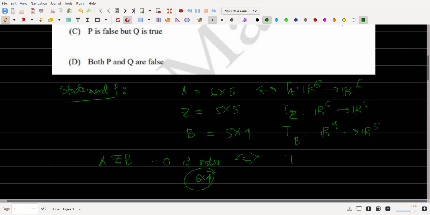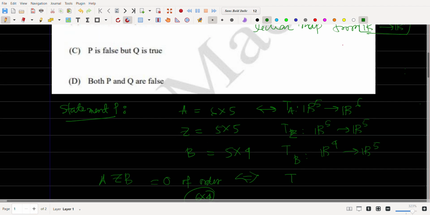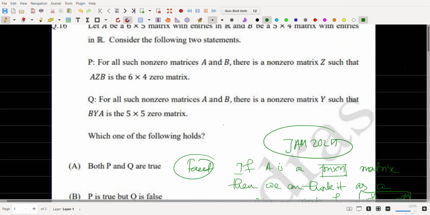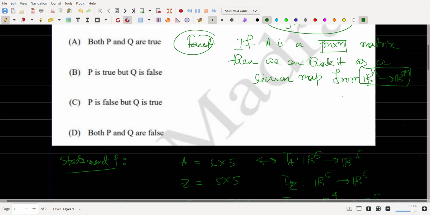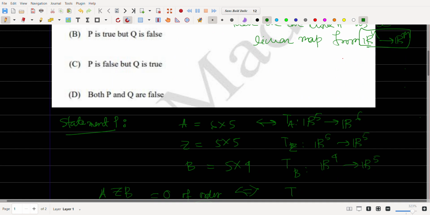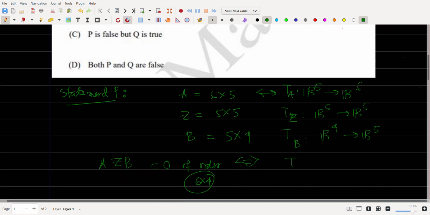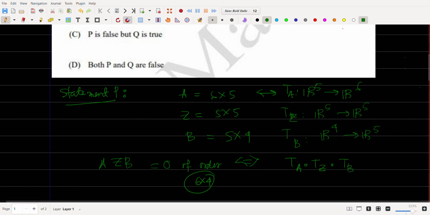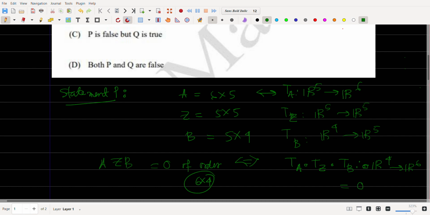I think I made a typo there: A is 6 cross 5. So that means TA composed with TZ composed with TB equals 0, a map from R4 to R6 that must be zero. This is the first observation.